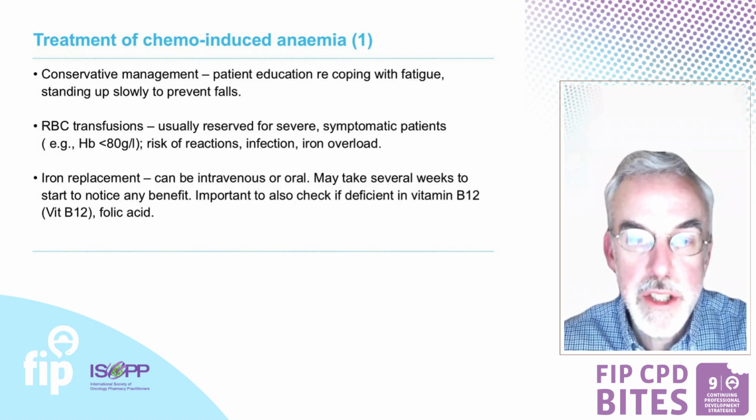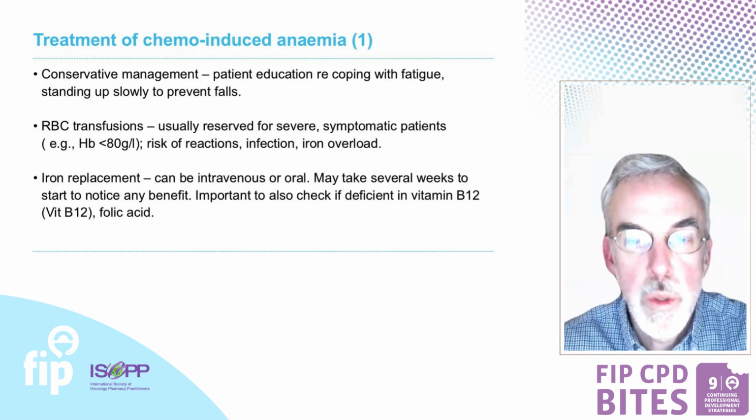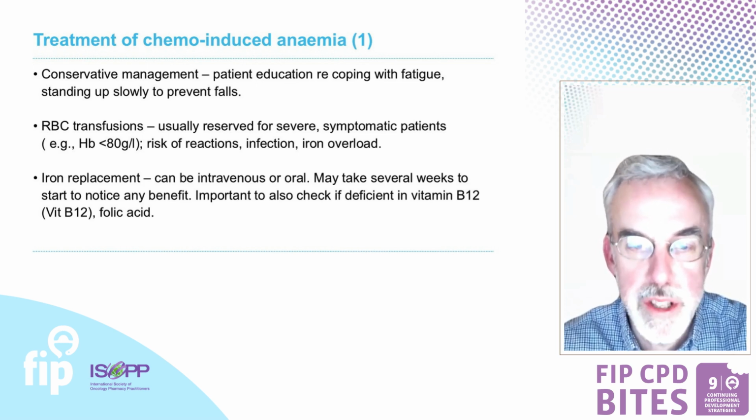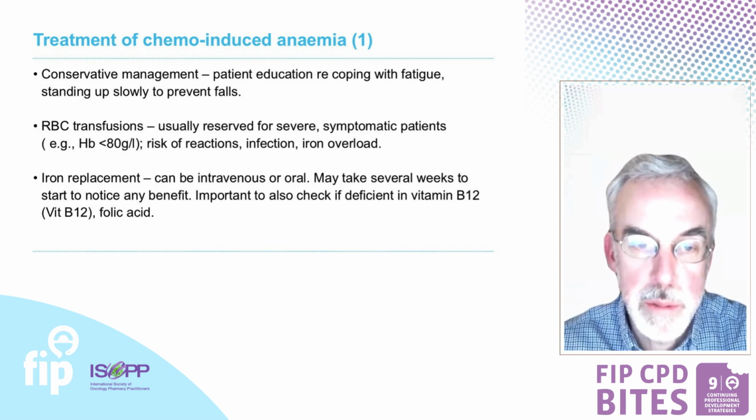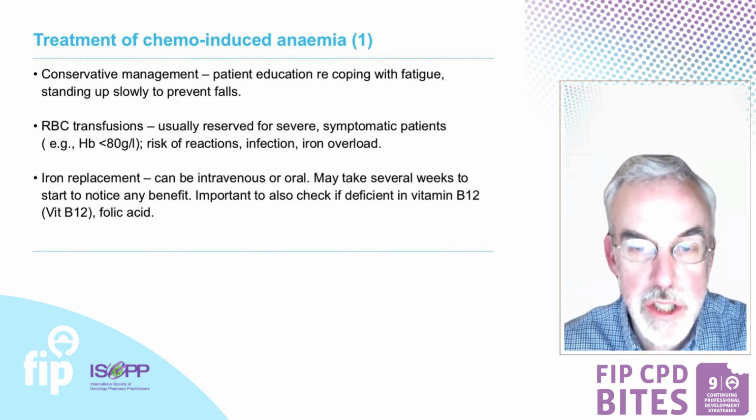In terms of how we manage anemia in cancer patients, we do not really have a preventative approach and would generally wait until our patients present with symptomatic anemia before intervening. Simple strategies involve patient education, as illustrated by the first bullet point.